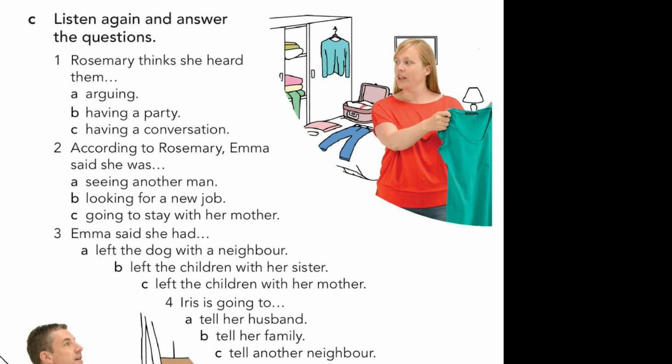Well, she said that she was going to stay with her mum. She told him that she wouldn't come back. Oh, how awful. What about the children? She said she'd taken them to her sister's. I suppose she'll take them with her in the end. And anyway, then 5 minutes later, I saw her leaving the house with a suitcase.